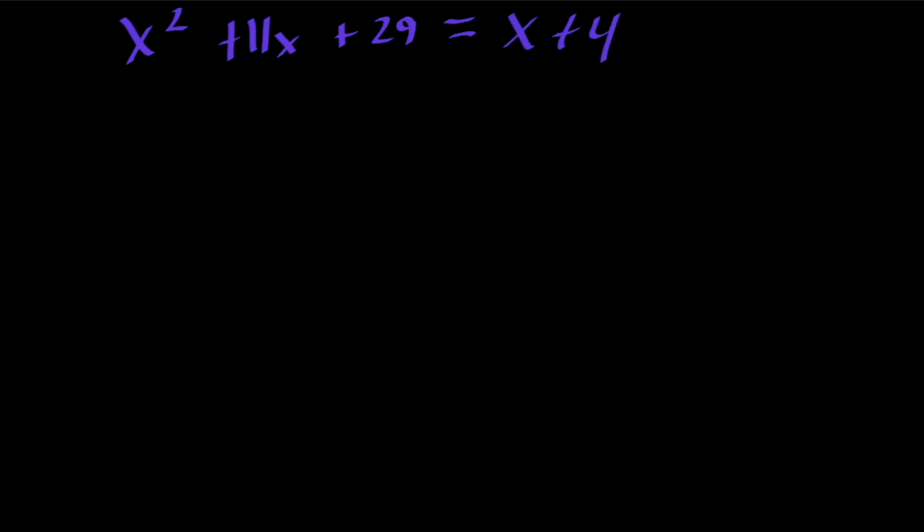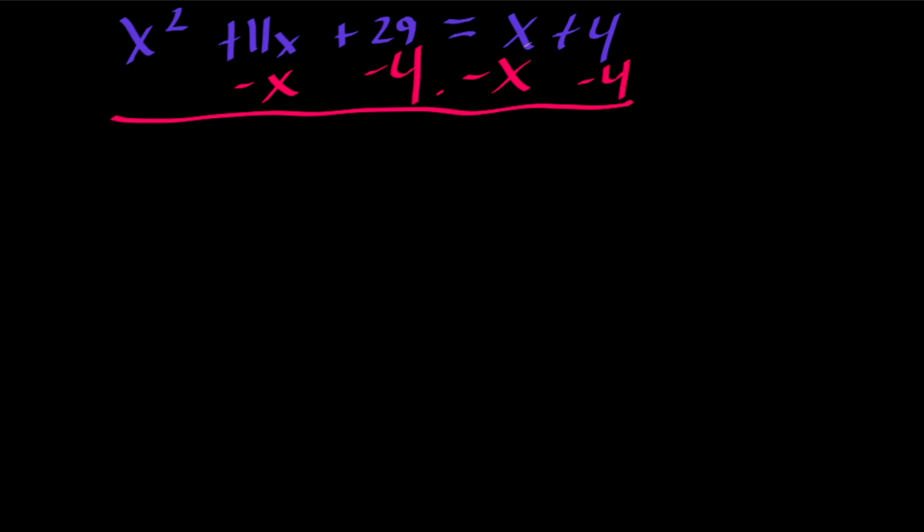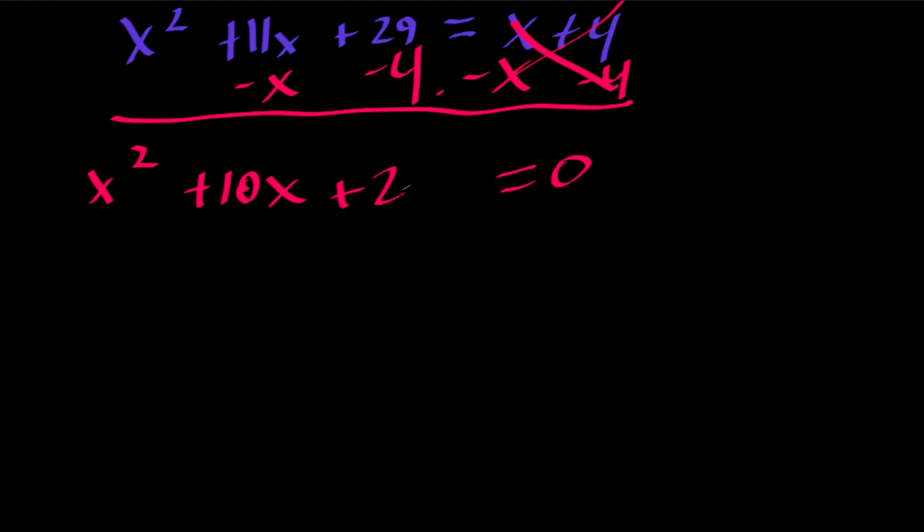Now, if we want to solve this by factoring, we don't want this x plus 4 over here on the right side. We want everything to be equal to 0. So this is where we need to subtract x to move it over here to the left. And we also need to subtract 4 to move it over here to the left. Because now that will equal 0, and that's the trick to beginning this problem. So then this would be plus 10x plus 25.